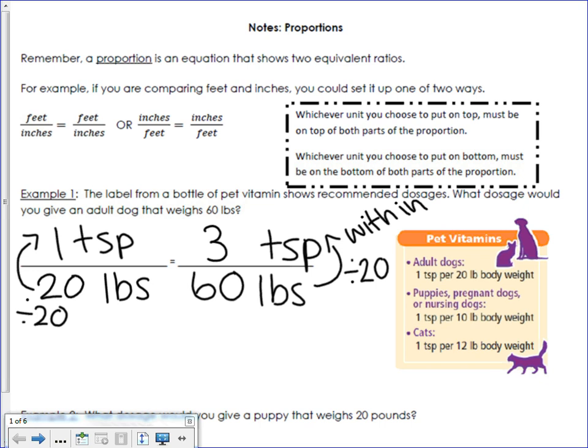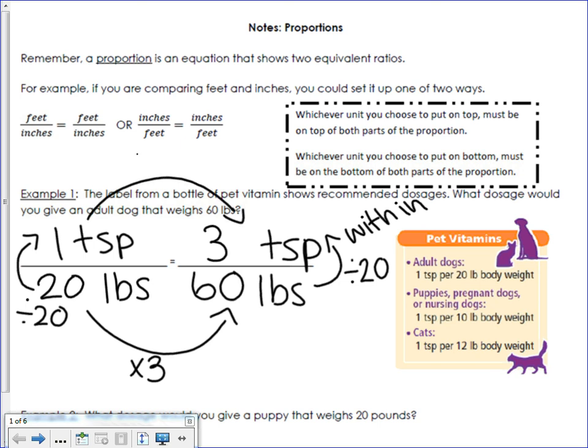Now I'm going to find a relationship between the two ratios. So I ask myself, how can I get from 20 to 60 using multiplication or division? In order to get from 20 to 60, I need to multiply by 3. Whatever I do to the bottom of my proportion, I must also do to the top.